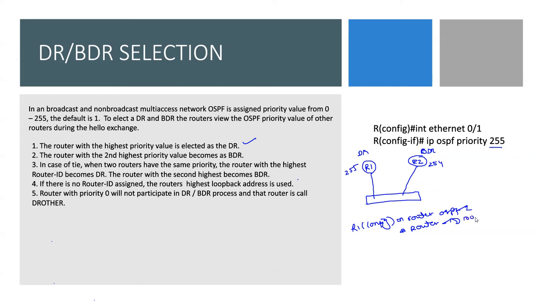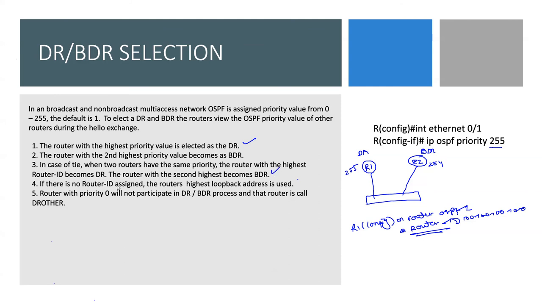And let's say you assign it 100.100.100.100, and you know that this router ID will be the highest router ID in the network, and this will be basically your DR then. And the router with the second highest router ID will become the BDR.